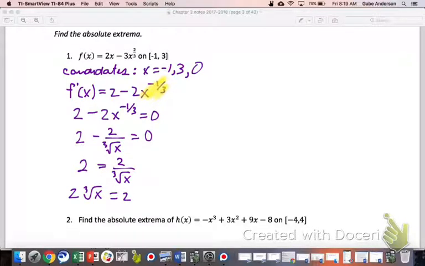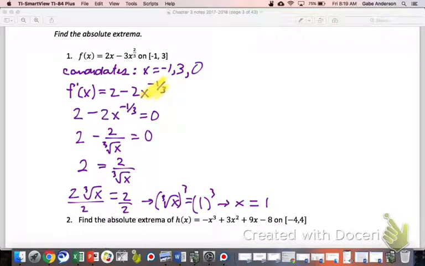You divide both sides by 2, and you end up with cube root of x equals 1. And how do you get rid of the cube root? Cube both sides, yep. So we cube this side and so on, and we finally end up confirming that your educated guess is correct. x equals 1.